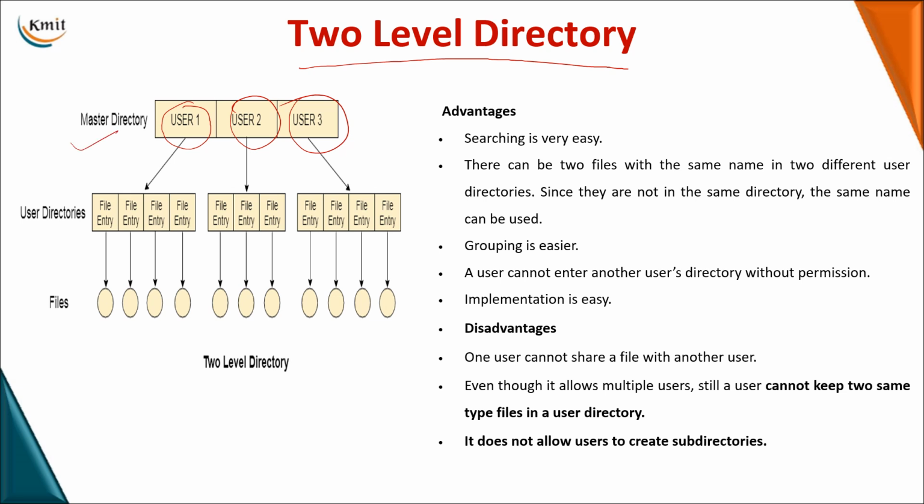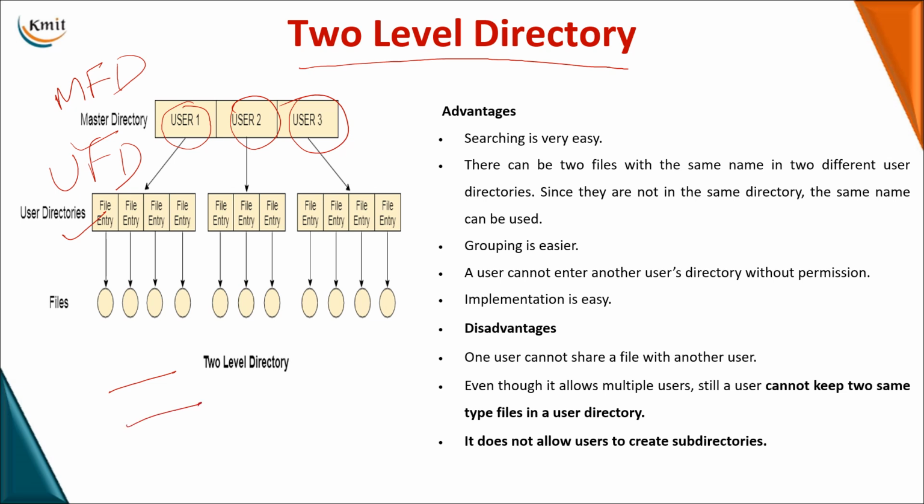So you have two things here, the master directory as well as the user directory. You can call it the master level directory and the user level directory, UFD. And each of these directories can in turn have subdirectories. This is a file entry, and here you have your actual files. So two levels will be maintained here.